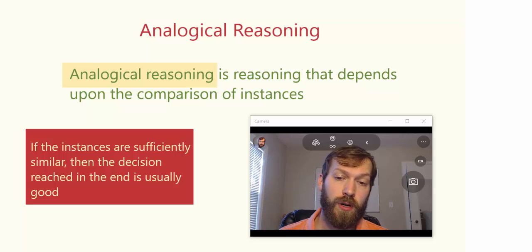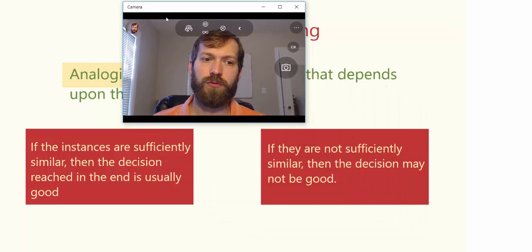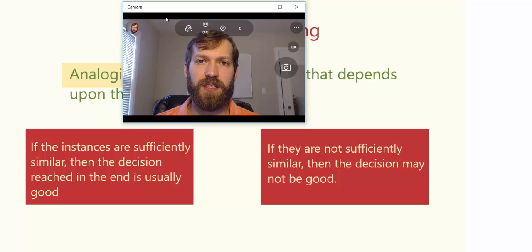The two broadest principles in deciding whether analogical reasoning is good are whether the instances in question are sufficiently similar. If they're pretty similar, and similar in the right kinds of ways, the relevant ways, then the decision reached is usually good. That is, it makes the conclusion more probably true than false.